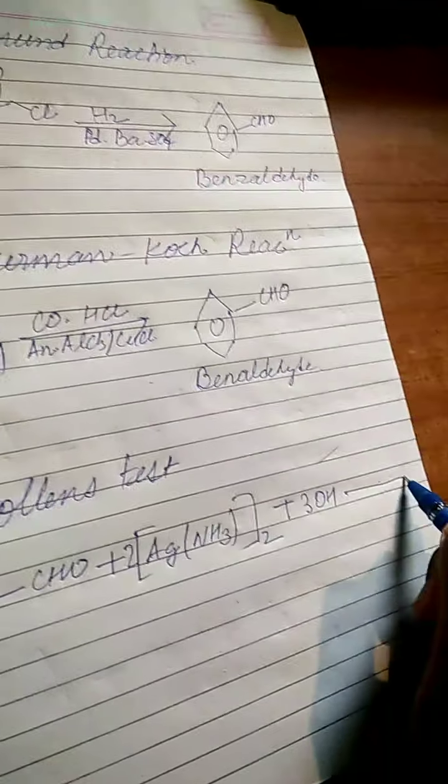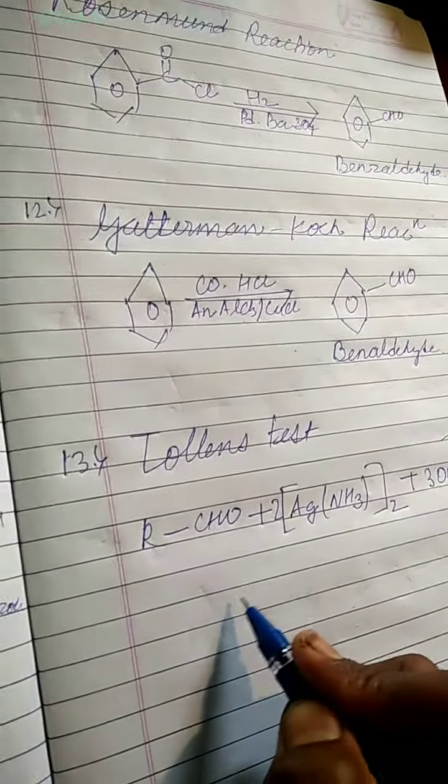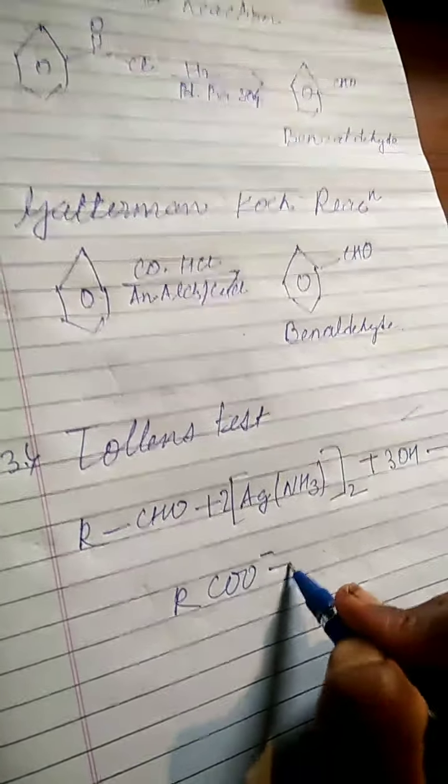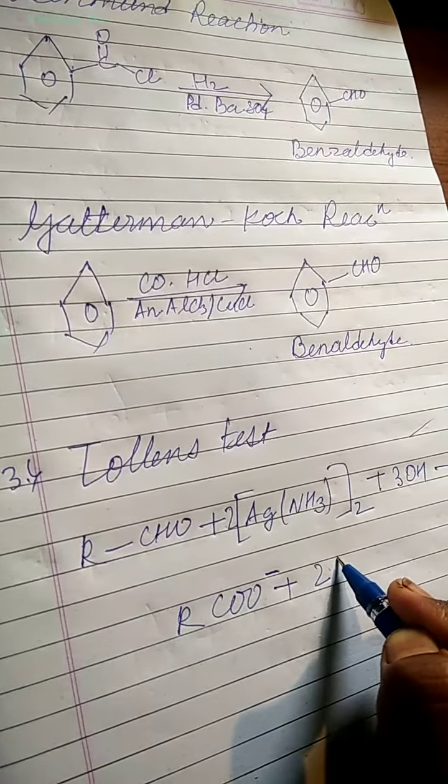On further reaction it gives out RCOO- plus 2Ag.